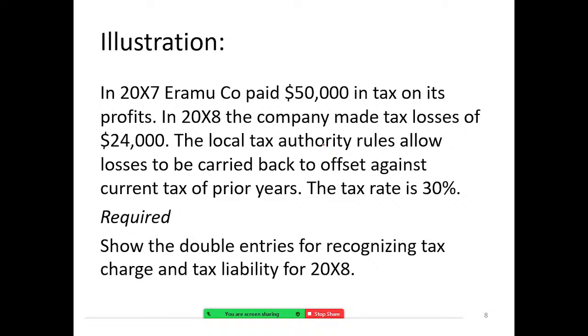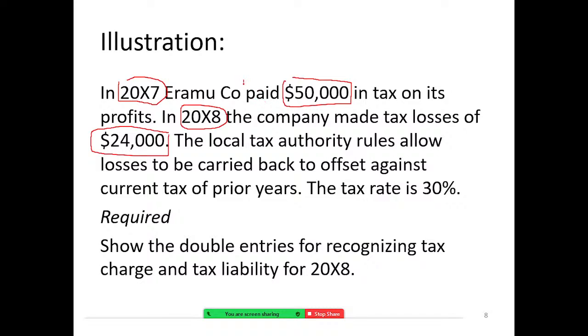So the previous period is 2017, where tax paid is 50,000, and 2018 is the current period. In the current period, they made a loss of 24,000. The local tax authority rules allow the losses to be carried back to offset against current tax of the prior period. The tax rate is 30%.